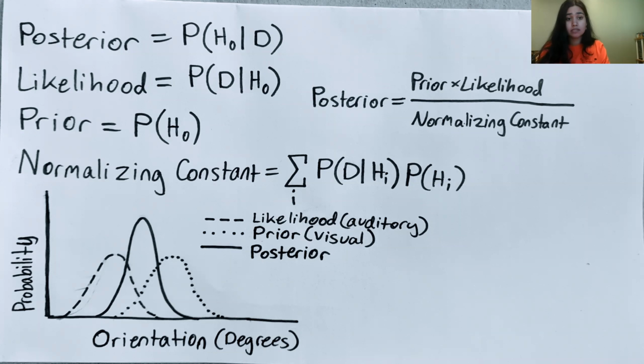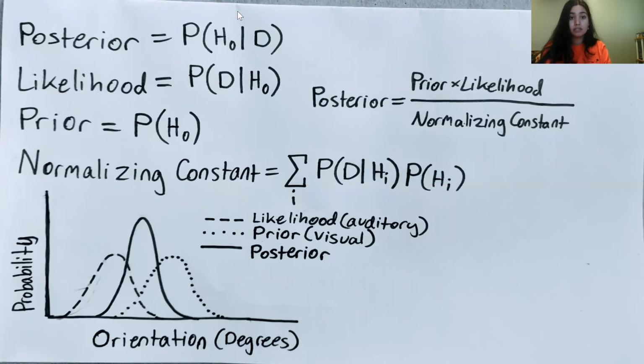And it multiplies this prior probability distribution by the current sensory data, in this case the new auditory information coming in from the surroundings. And that is called the likelihood probability distribution.